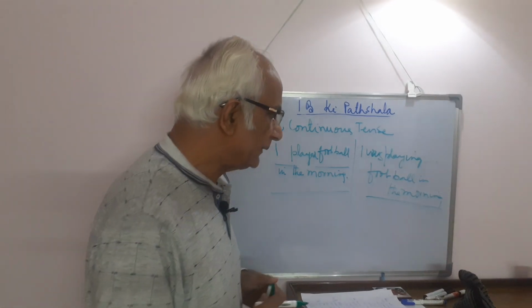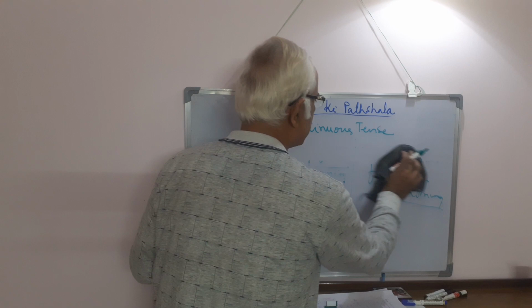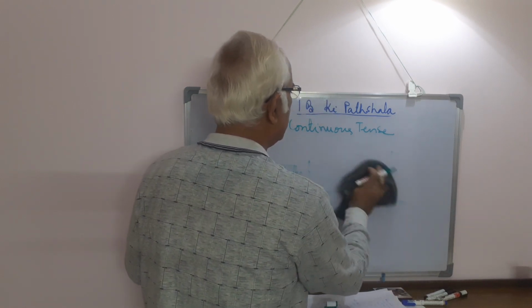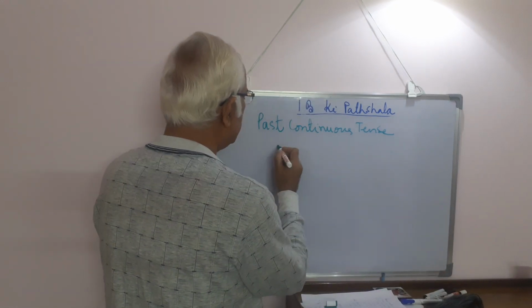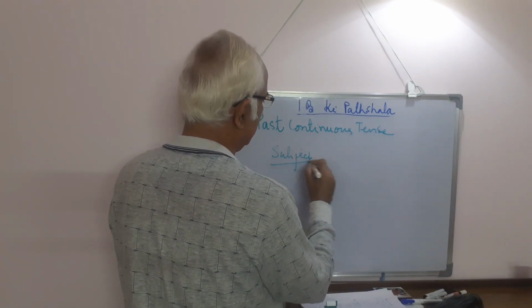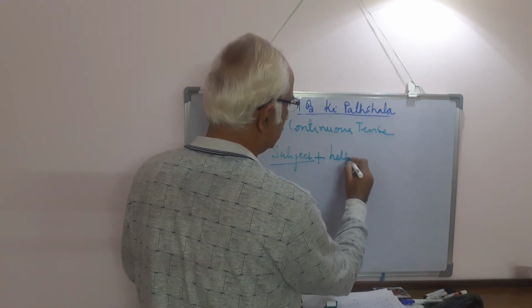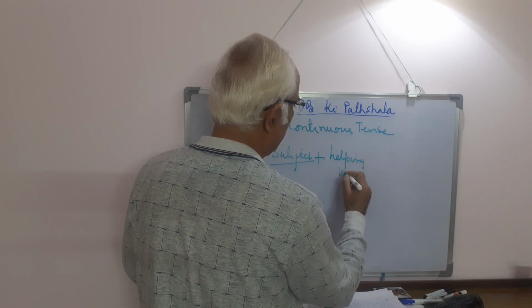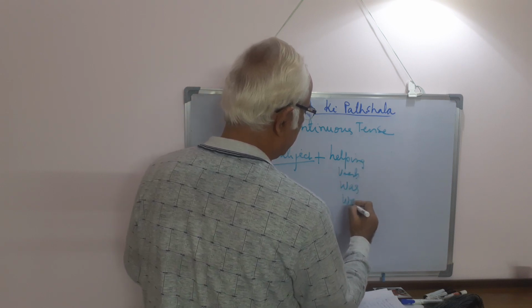Okay? Now let's understand how the sentence is structured in the past continuous tense. First we will have the subject, then we will have the helping verb, and this will always be was or were.